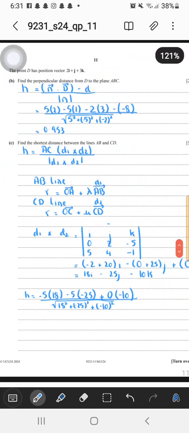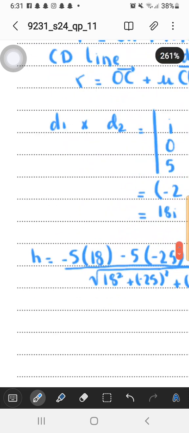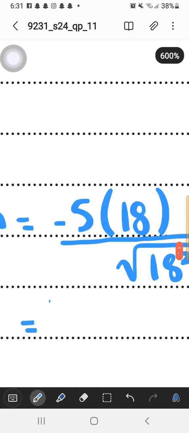So let's calculate it. This becomes 1.08, and this is our final answer.